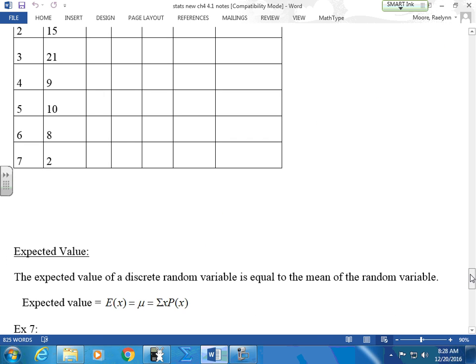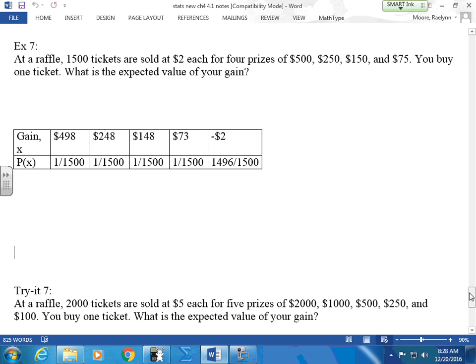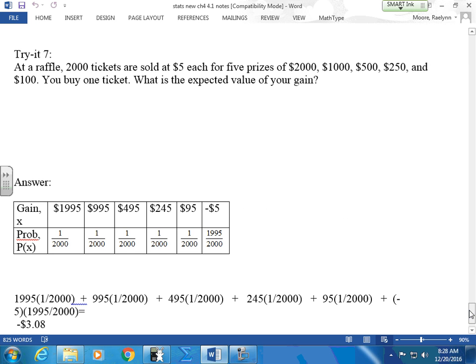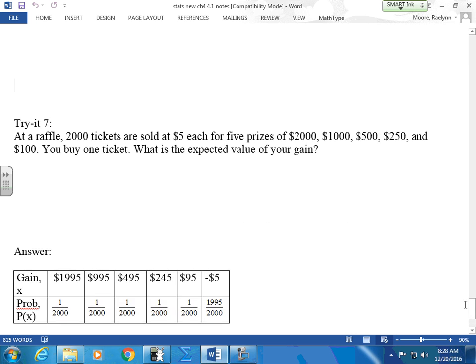Okay. We don't do that much with expected value. If you go into probability, this is a major part of probability. When people set up games, they want to know who's going to be the winner here.